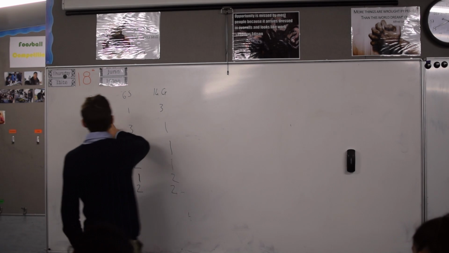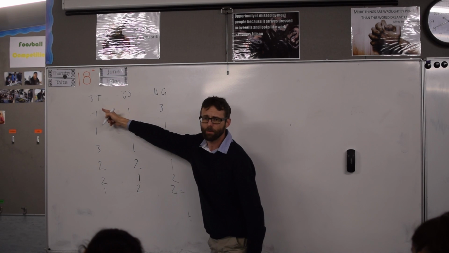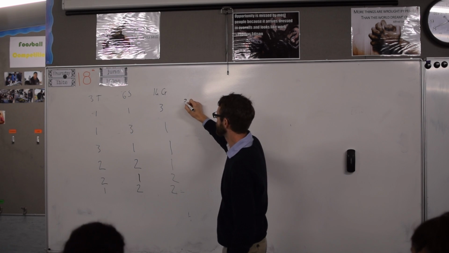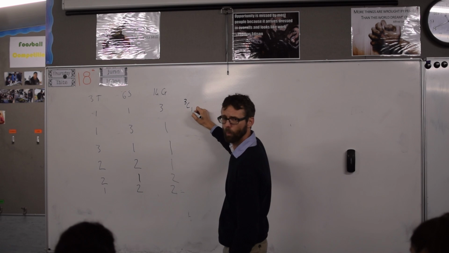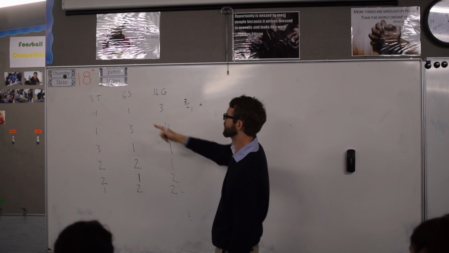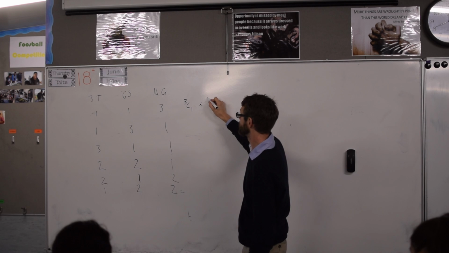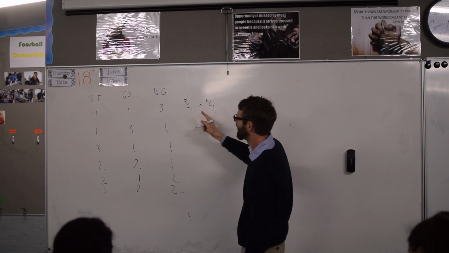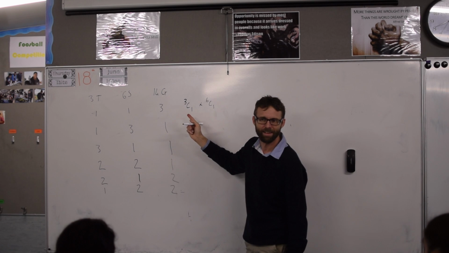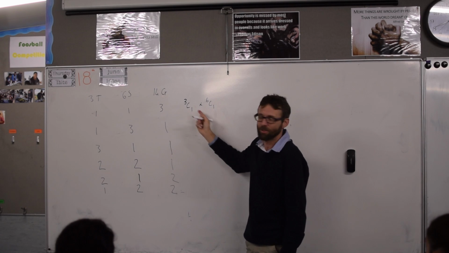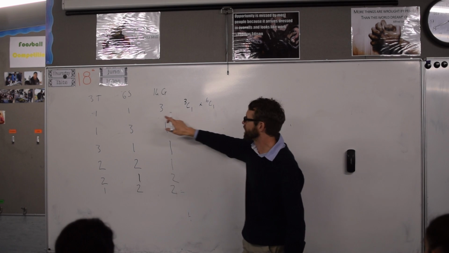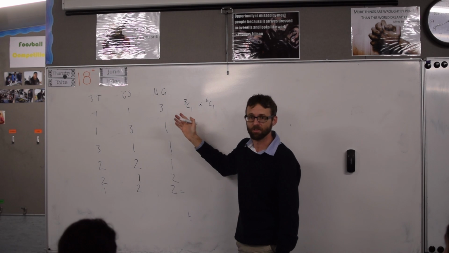Well, this row here, she's getting one of those, so it's going to be 3 choose 1, and then she goes and picks one from here, which is 6 choose 1, and what is 3 choose 1? It's just 3, right? So from now on, when it's got 1, I'm just going to go 6 or 3.